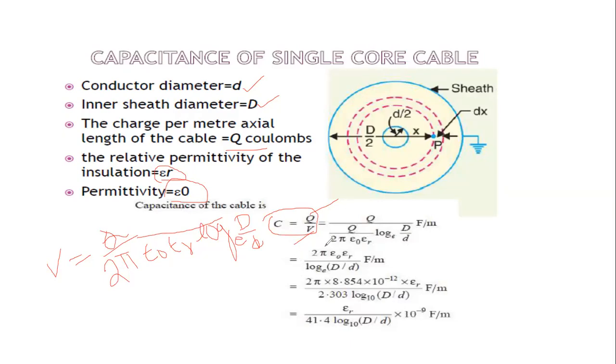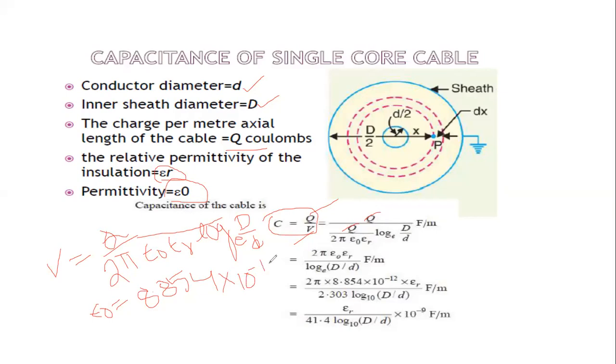Then this can be written as 2 pi epsilon naught epsilon r divided by log e D by d, as Q gets cancelled, in farads per meter. Here epsilon naught is a constant value, the absolute permittivity, which is 8.854 into 10 power minus 12.